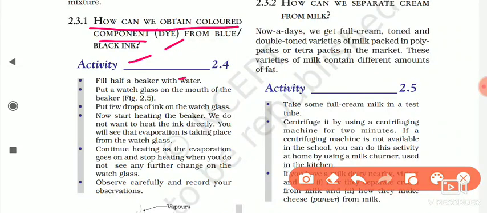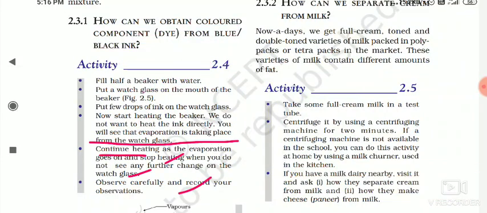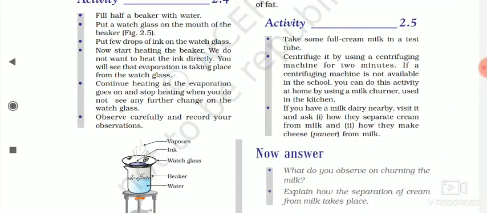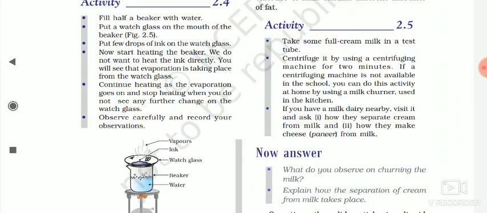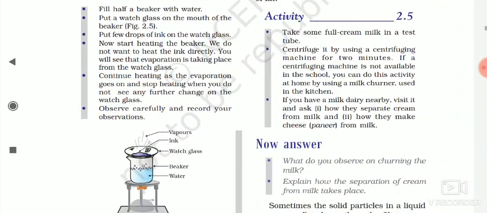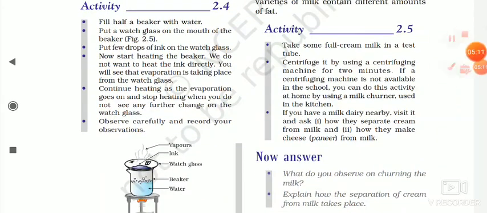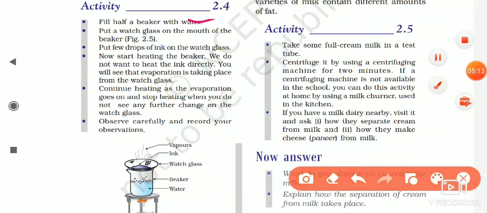Okay, this is the activity. First, fill half a beaker with water. There is a picture given below. Okay, first point is fill half a beaker with water. This is a beaker and you fill it half up. You can see that this is a full beaker and the water level is 50%.